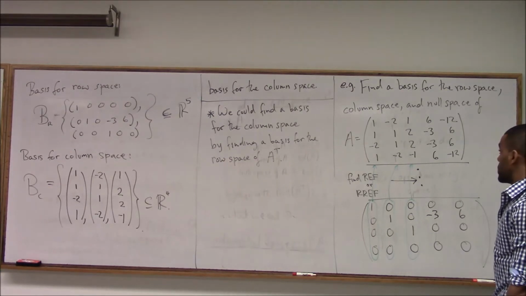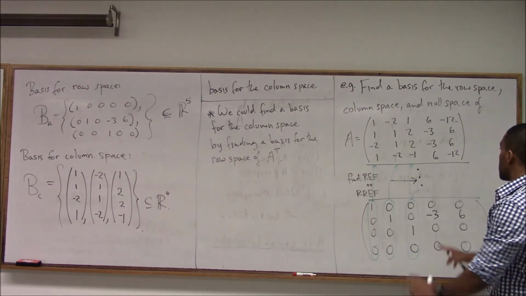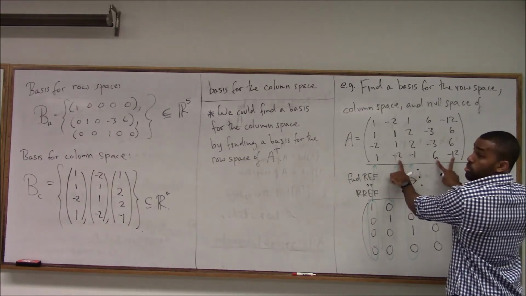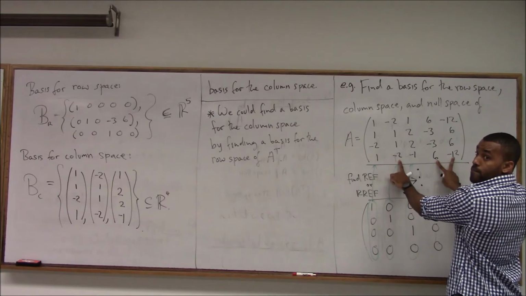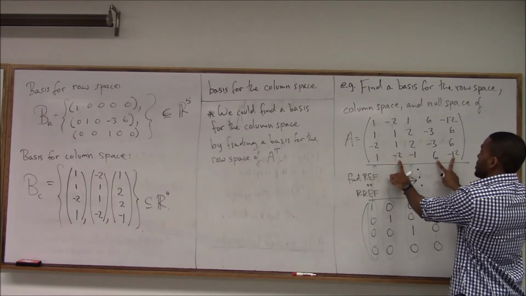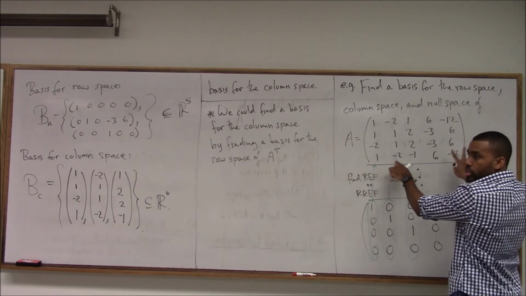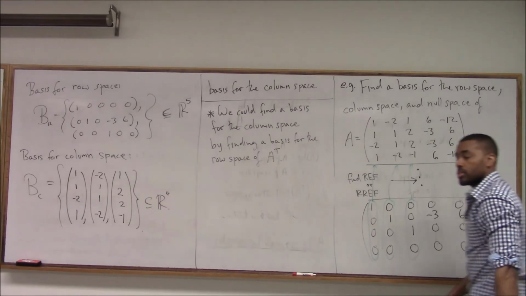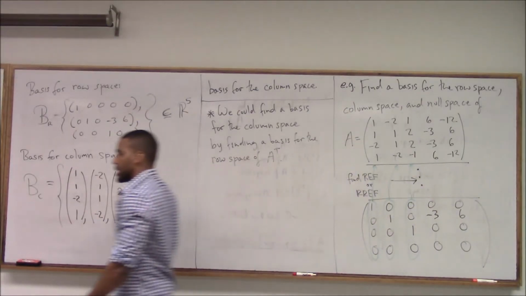Another way you can check quickly is that in this case you can see that these three columns are all multiples of each other. So I can only pick one of them and throw away the other two, which is what ended up happening when I got here. So that's why you only care about the guys that have the pivots.